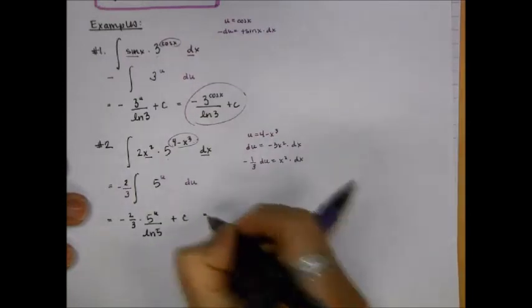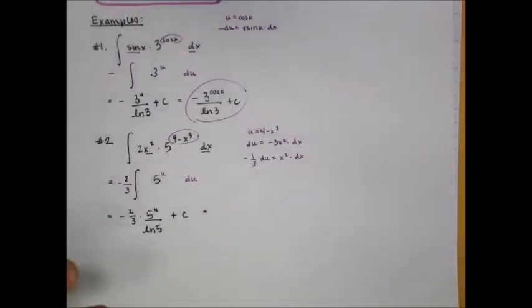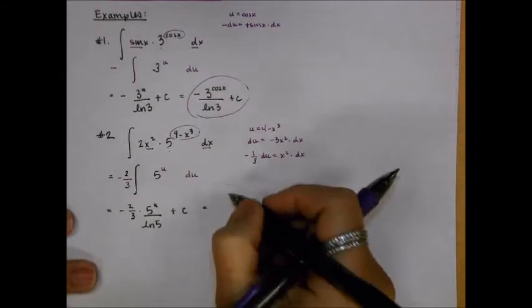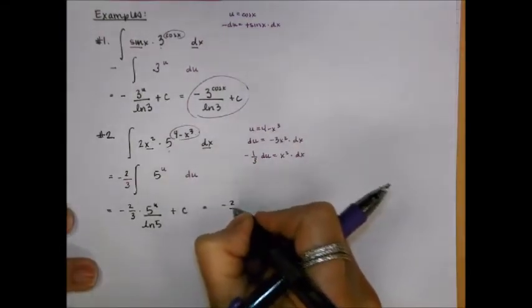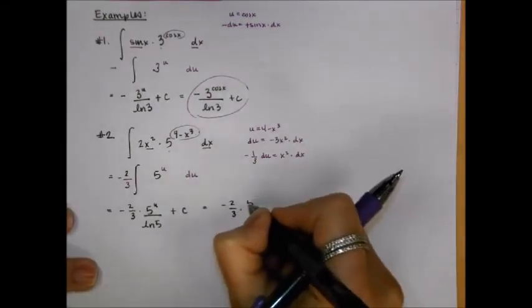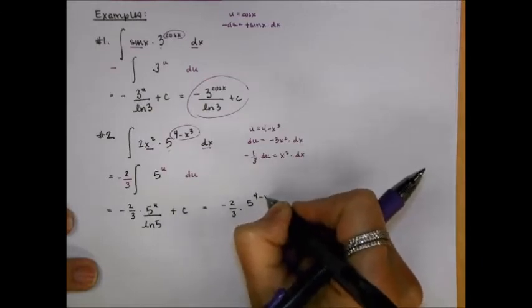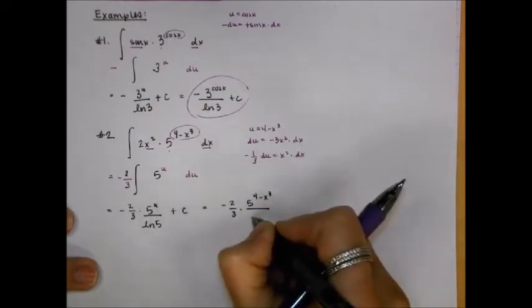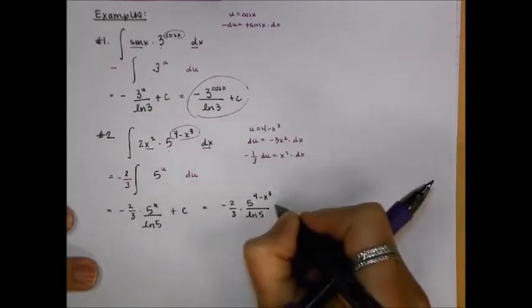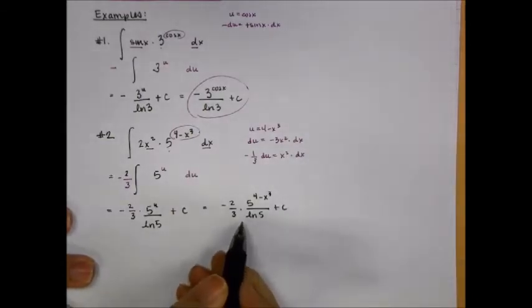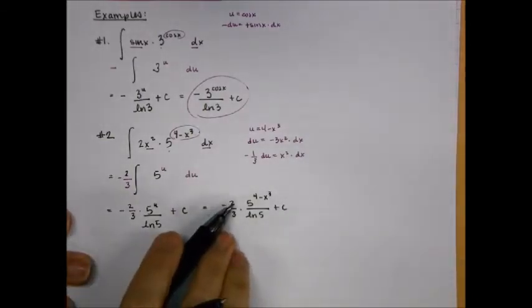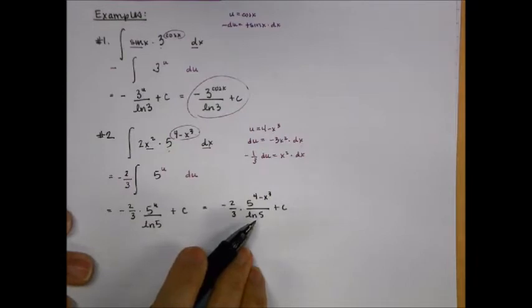So I can substitute back in for u. 4 minus x cubed over the natural log of 5 plus c. Now you actually have a negative 2 over 3 natural log 5 coefficient.